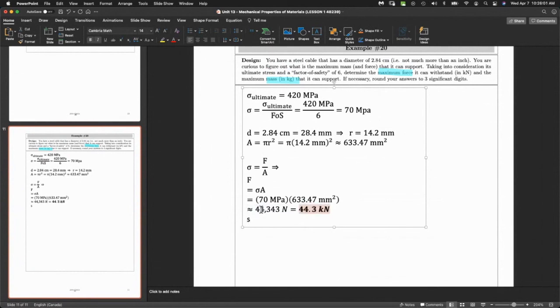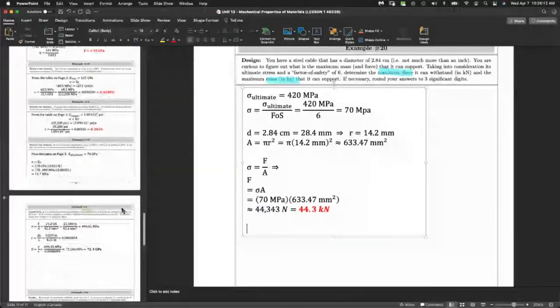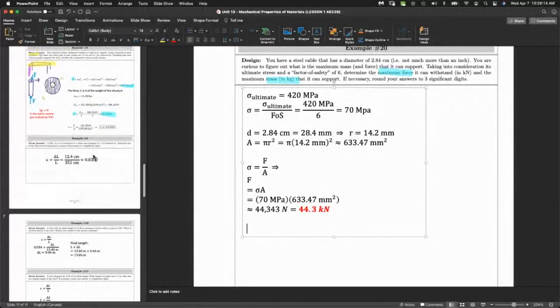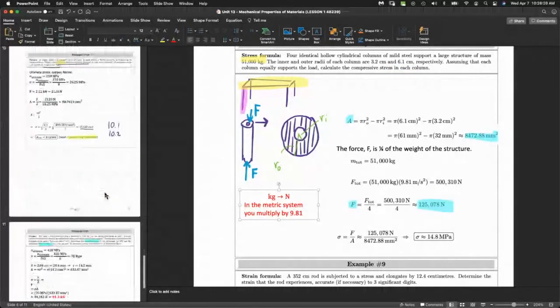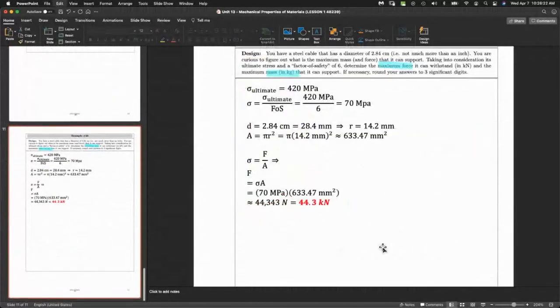That's one of the questions. It's asking for the force in kilonewtons. So we got that out of the way. And then the last part of the question goes back to what I mentioned earlier. I'm just going to recycle something that, if you remember, one of our classmates asked, the kilograms to newtons conversion.